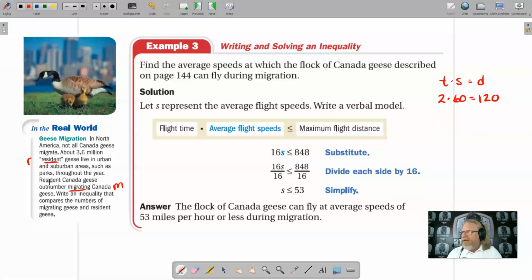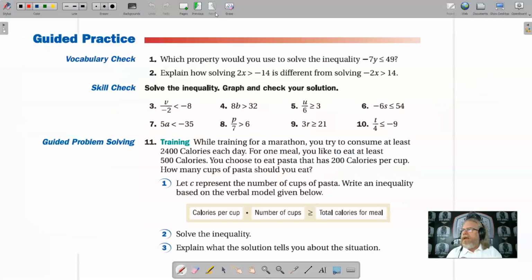Resident Canada geese outnumber migrating Canada geese. So that means there's more of them, right? So the number of resident geese is greater than the number of migrating geese. So we would say R is greater than M.